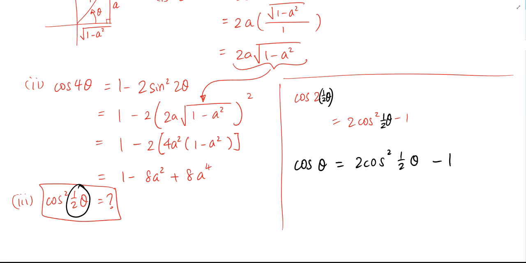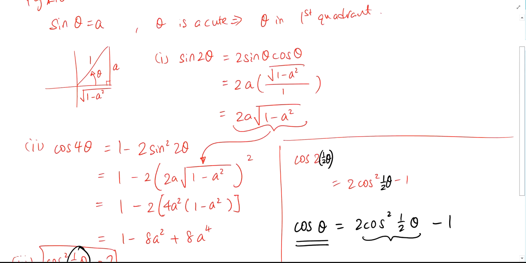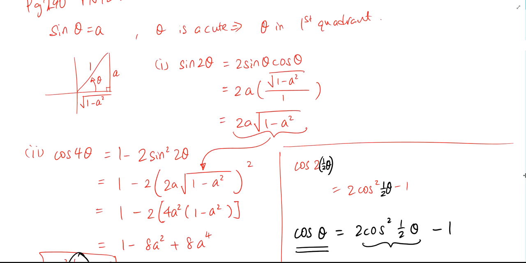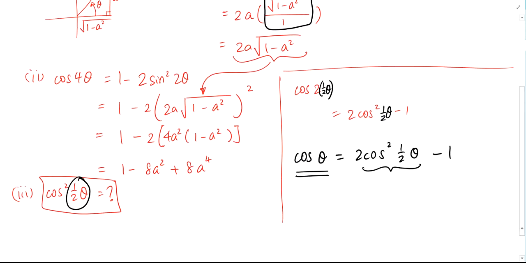But before we carry on, if I want to make cosine squared half theta the subject, it will be in terms of cosine theta. Am I able to get cosine theta from the triangle? Yes, we obtained it earlier already. Cosine theta is simply adjacent over hypotenuse, square root of 1 minus A squared divided by 1. So we know that we are able to proceed.